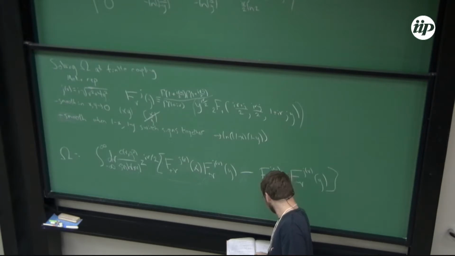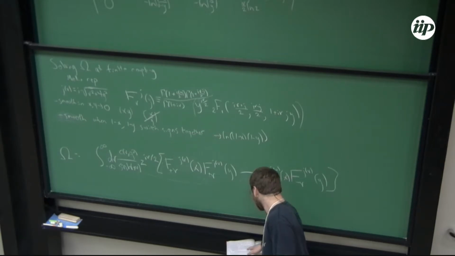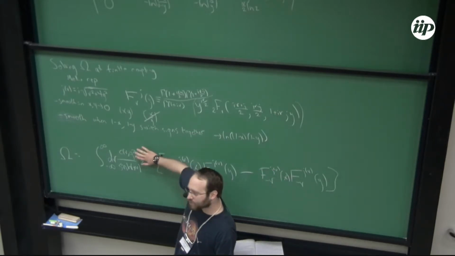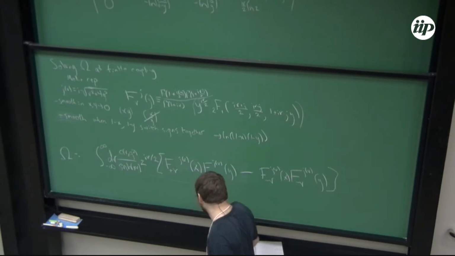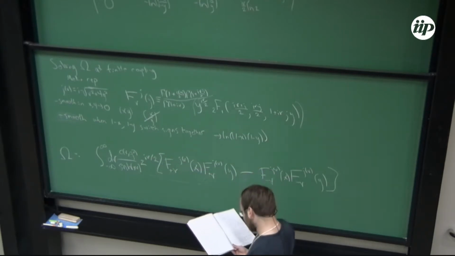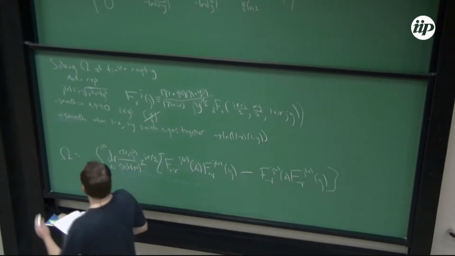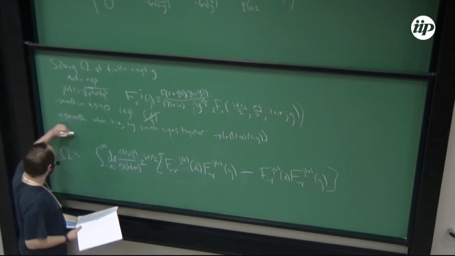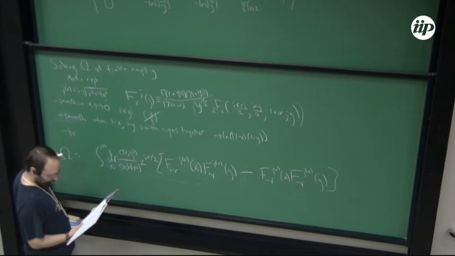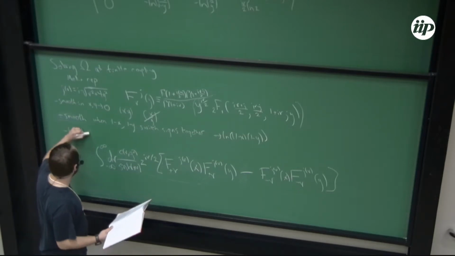Let's see. Anyway, but yes, so then from this perspective, C is now some entire function. And to fix C, we end up using a boundary condition for large nu.